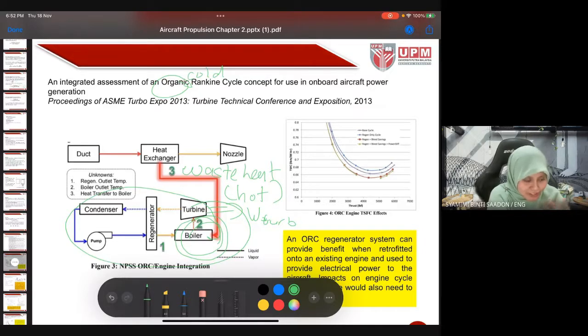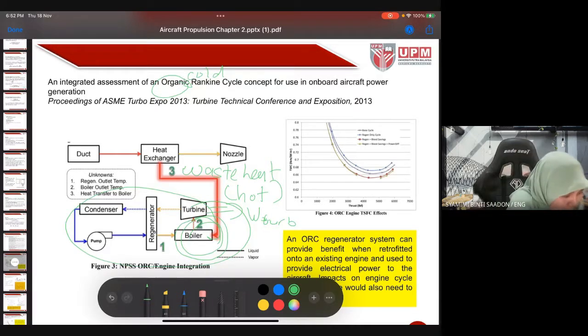By adding the combined ORC cycle, and without taking weight into consideration, they are able to reduce the TSFC and lower the fuel consumption.